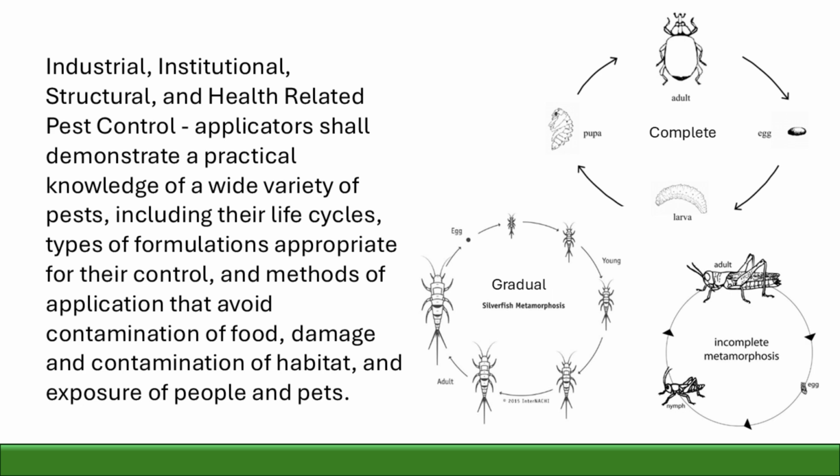Industrial, institutional, structural, and health-related pest control. Applicators shall demonstrate a practical knowledge of a wide variety of pests, including their life cycles, types of formulations appropriate for their control, and methods of application that avoid contamination of food, damage, and contamination of habitat, and exposure of people and pets.